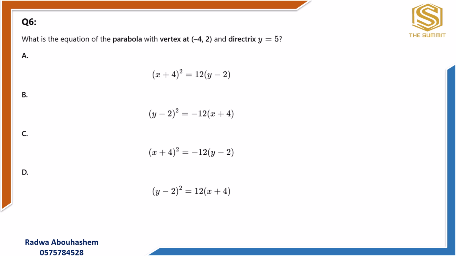What is the equation of the parabola with vertex at -4 and 2 and directrix y equal 5? Okay, vertex, it's h and k. And the directrix y equal 5 means it's open vertically, because it says y equal 5. Good. You remember the rule for the directrix?